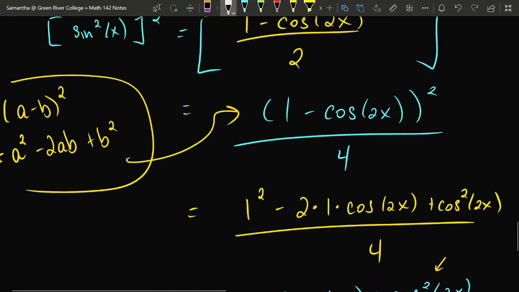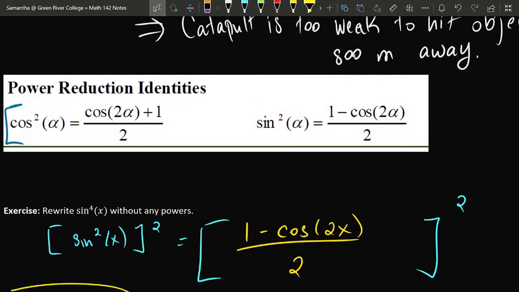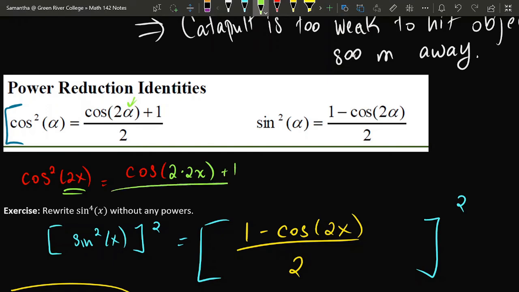The identity says that if you have cosine squared of something like 2x, then take cosine and double that something. So if 2x is already in the parenthesis, and I need to double what's in the parenthesis, then that's going to become 2 times 2x plus 1 all over 2.